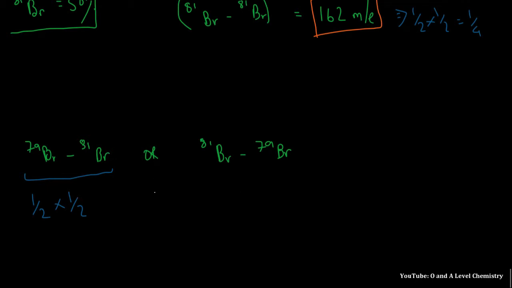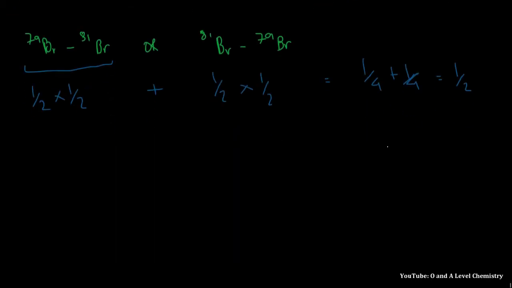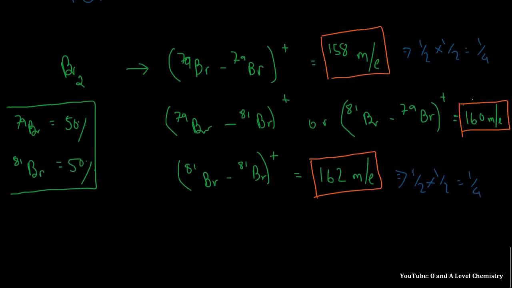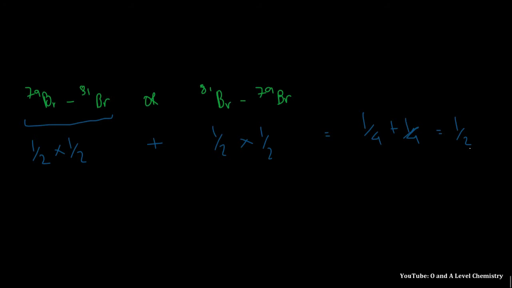And whenever we have "or" in probability, this is a plus. This is half times half again. So if we add them up, we have 1 over 4 plus 1 over 4, which gives us 1 half. So we know their abundances, right? This is 1/4, this is 1/4, and the middle one is 1 half.